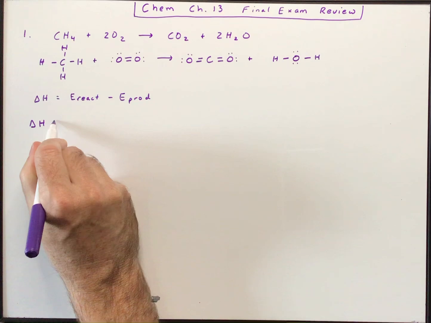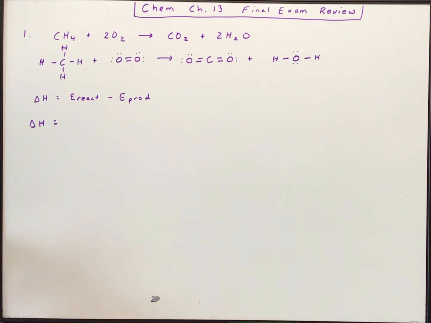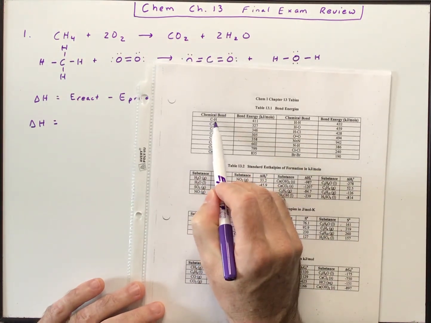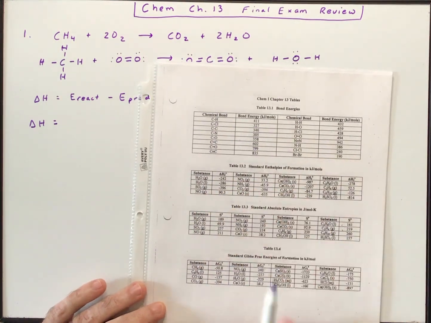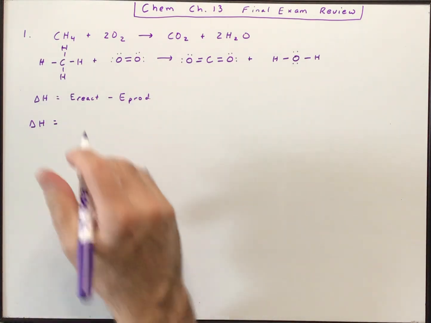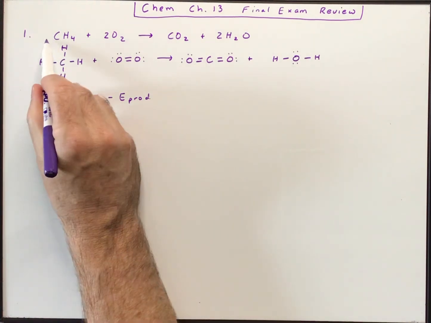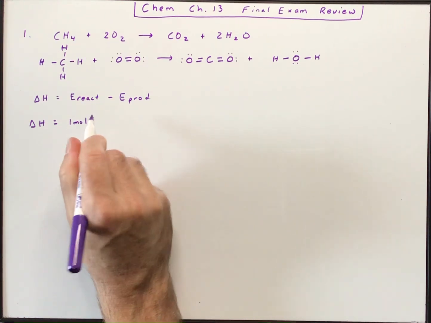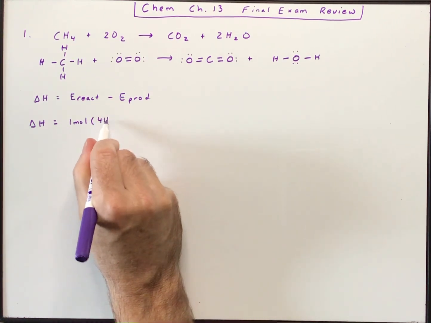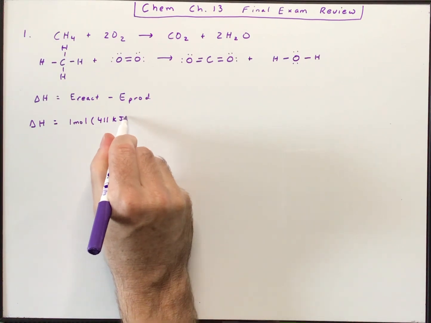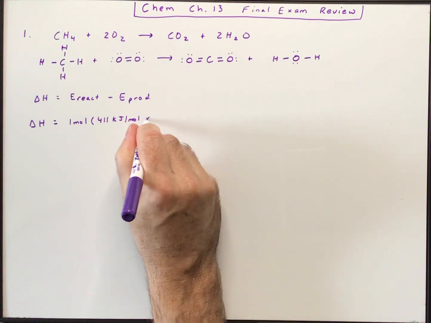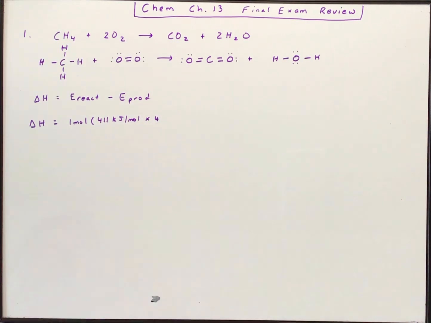So delta H is equal to, if you'll get your sheet, we have 4 C-H bonds at 411 kilojoules per mole. So the coefficient is 1, so we have 1 mole times 411 kilojoules per mole, and then there's 4 of those bonds in that molecule.